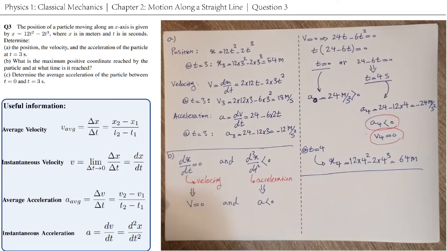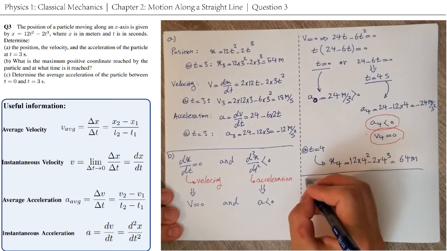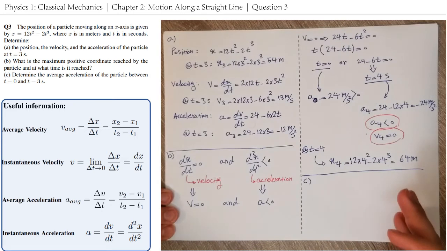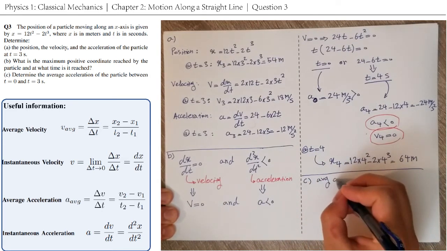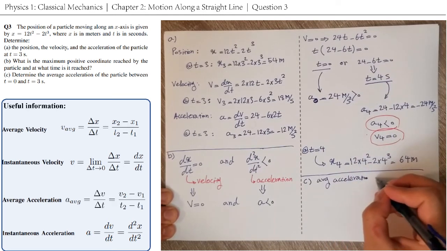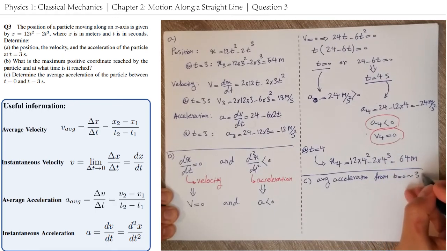And for part C, we are asked to obtain the average acceleration of the particle between t equals 0 and t equals 3. So part C, we are asked to obtain the average acceleration from t equals 0 to 3 seconds.